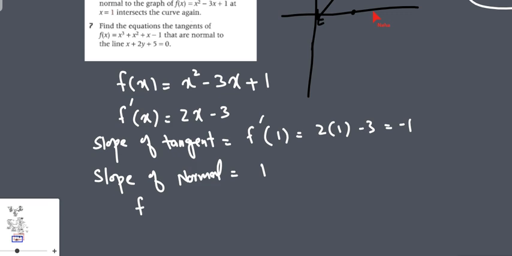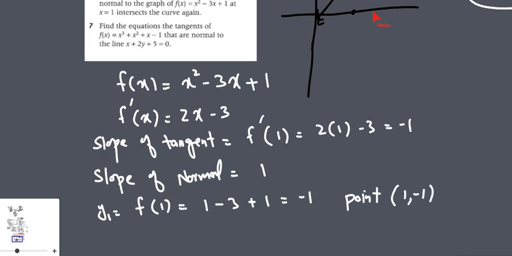To find the value of y1, I have to calculate f of 1, so it is 1 minus 3 plus 1, which is negative 1. So my corresponding point is (1, -1) and the slope is 1.